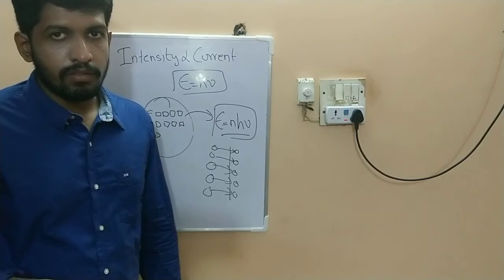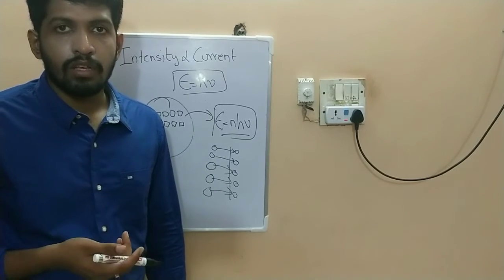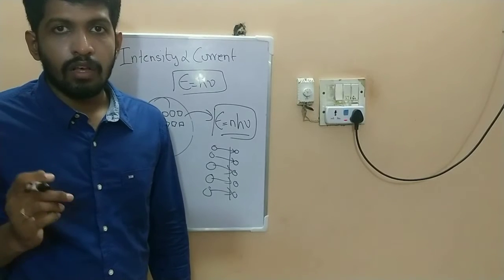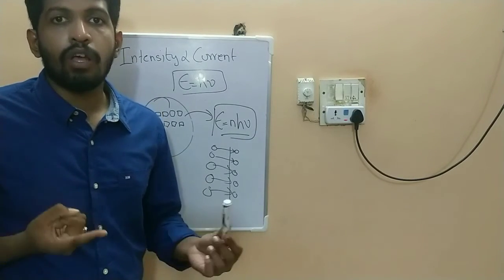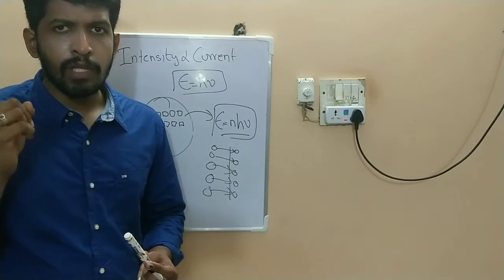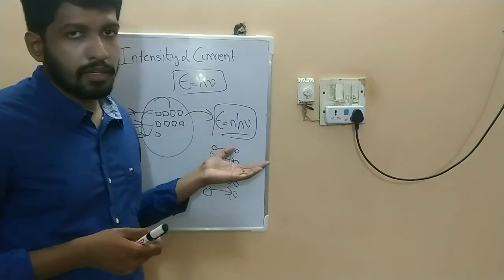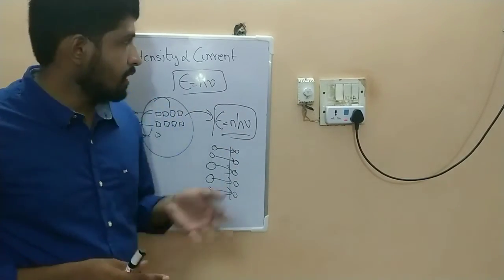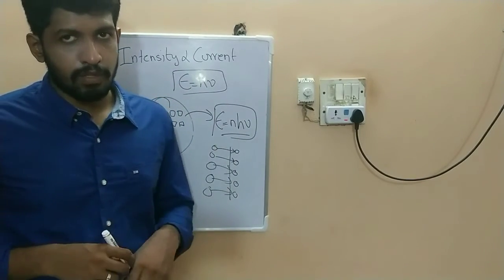As the number of photons increases, the number of emitted electrons also increases, which means more charges are emitted. We have all studied that current is the flow of charges. So if the number of charge carriers increases, current also increases. Hence the first property is explained.